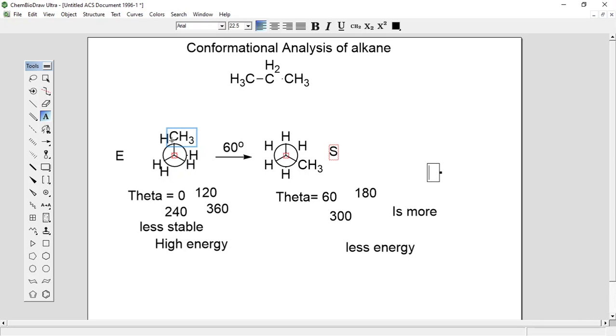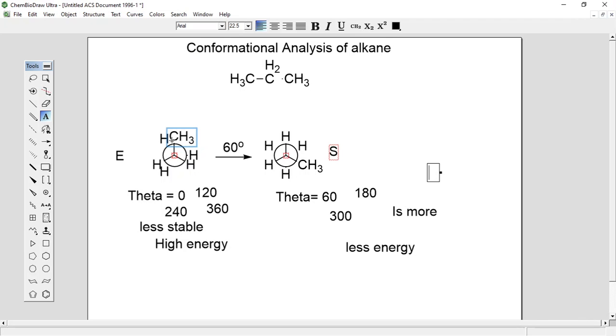Due to this bulky methyl group there is an increase in energy, from 3 to 3.3 kilocalorie. So this 0.3 kilocalorie per mole of higher energy than ethane is due to steric hindrance between methyl group and hydrogen atom.